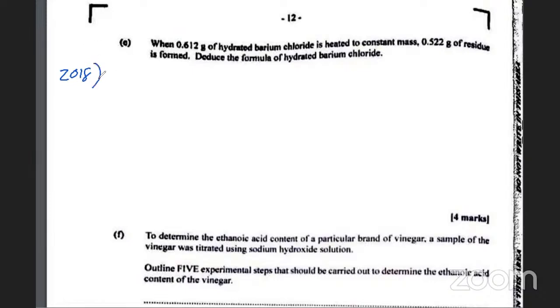So we have a sample of KCl, and the mass of the sample is 0.45 grams.